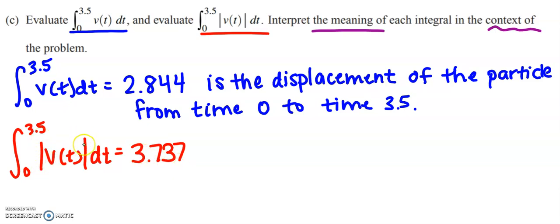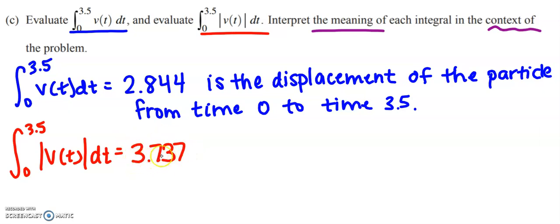3.737 then, if we take the absolute value of velocity, we've now taken away the direction. So now I'm getting credit for every mile that I run, right? So it doesn't matter if I was running to the right or to the left, I still get credit for that. I'm not talking about where did I end up. I'm talking about what was my total distance traveled.